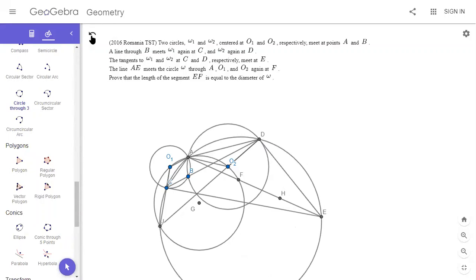Yeah, I still haven't shown that ACED is cyclic. Oh no, ACED is cyclic. I can do that by an angle chase, I think. But the fact that that circle passes through J, I haven't proven. But let's see. I think once we show ACED is cyclic, then it's not hard to show J also lies on that.